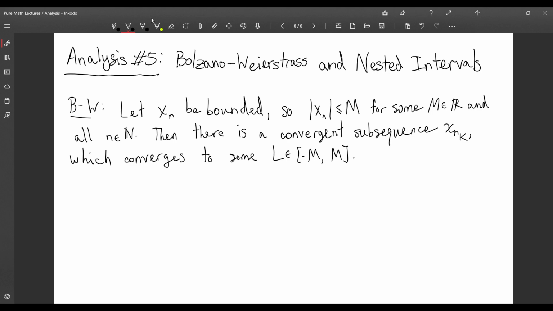Alright, so we'll start with the proof of this. The main idea here, we already sort of saw in the proof of the existence of the least upper bound. We're going to be using interval halving, right? So in particular, we're going to start with the interval -m to m, because we know that all of the values of x sub n are contained in that interval.